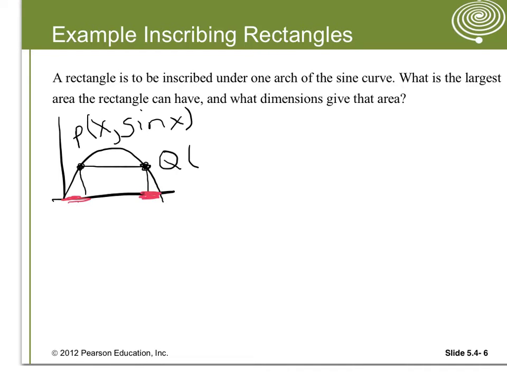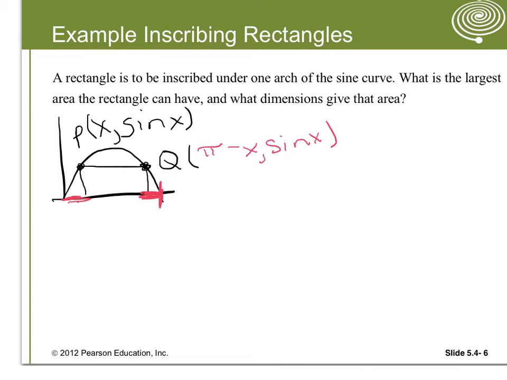And so if we're calling this x, this is x also. So this point then becomes pi minus x. So here's pi minus that x, and then my y value, of course, of sine of x.